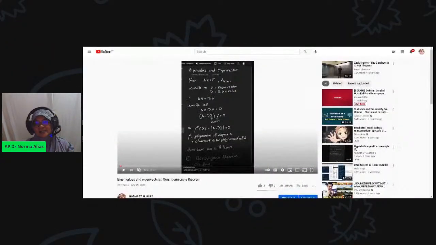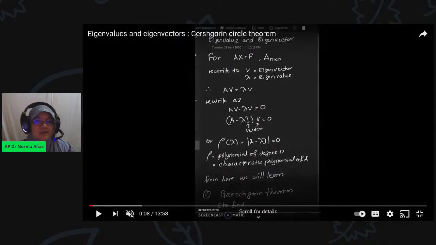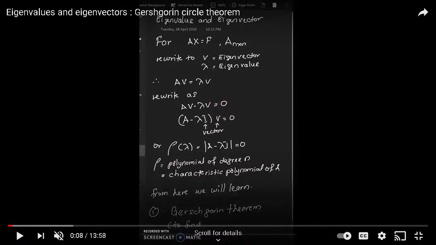Subject today: I can go to the Gauss-Green theorem to find the eigenvalue and eigenvectors. I already sent the link for this subject to your Telegram. Now let's focus on how to find eigenvalue and eigenvectors.